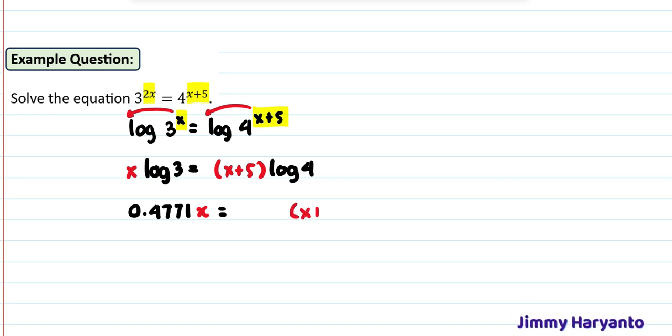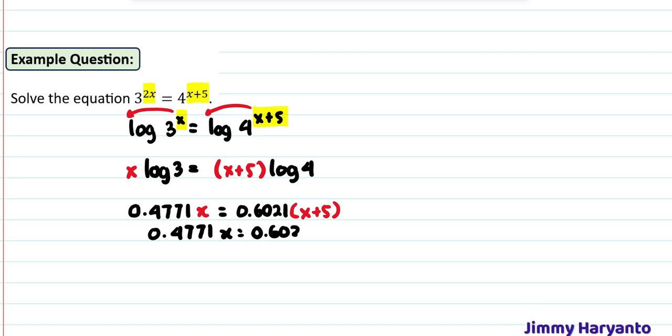This one is x plus 5, and then the logarithm of 4 is 0.6021. Okay, just calculate this using normal algebra. x equals 0.6021x plus 5 times 0.6021 equals 3.0103. So let's move this to the left hand side. It will become subtraction.